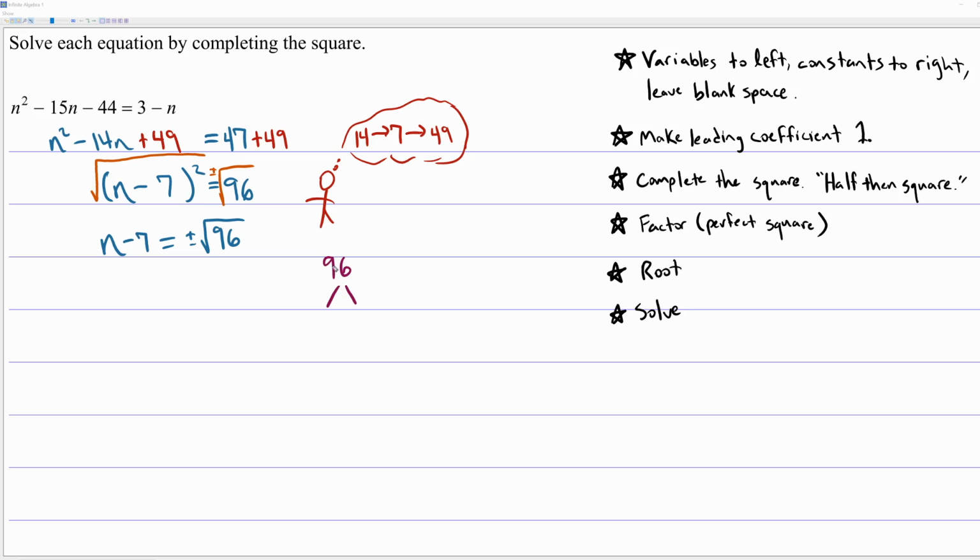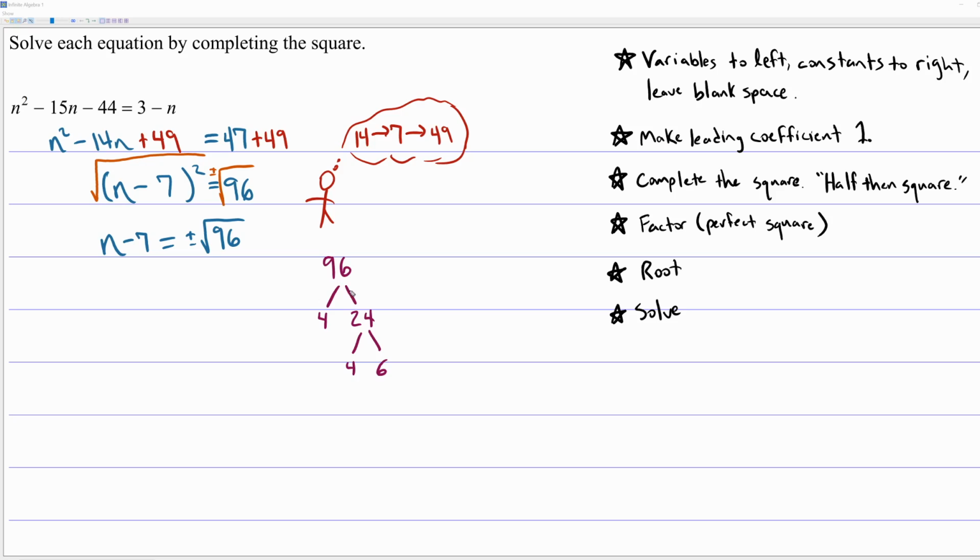So let's see, 96, 4 goes into 96, 4 goes into 9 2 times with the remainder of 1, and then 4 goes into 16 4 times. So we have now 24, and 24 is 4 times 6. Now, if we would have noticed, well, 96 is a multiple of 16.